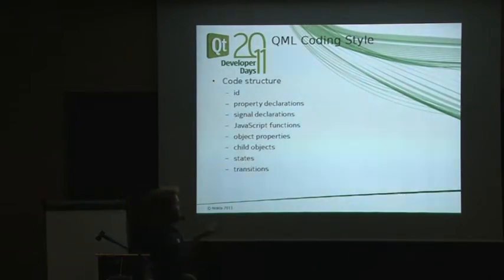What you can see here a little bit is, with the exception of the ID, at the top is the public stuff which can and should be accessed by someone using your component, using your file, using your item, and on the bottom are the internal implementation stuff.